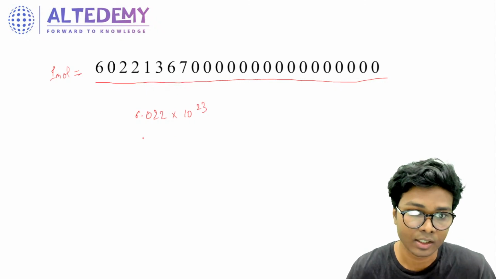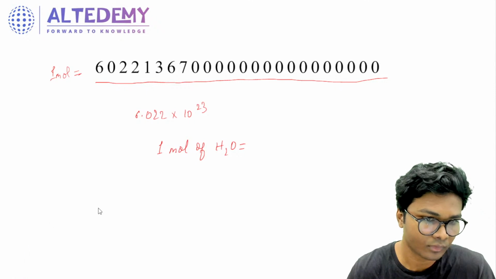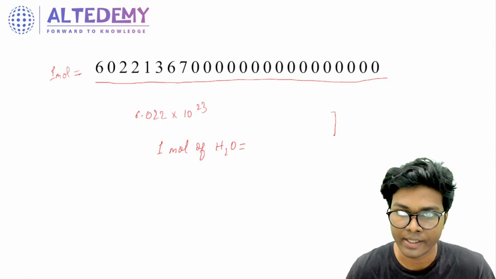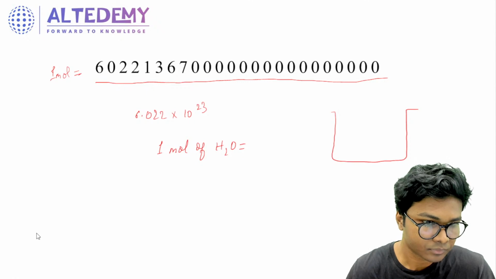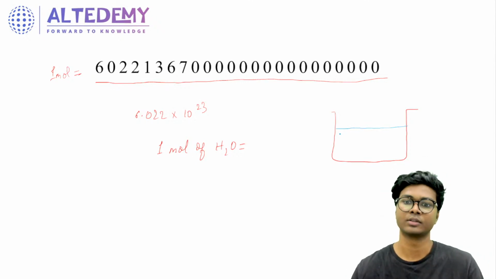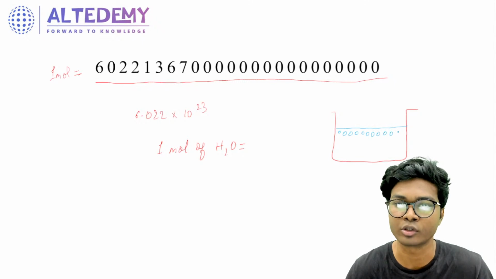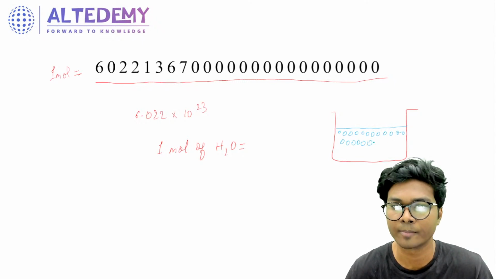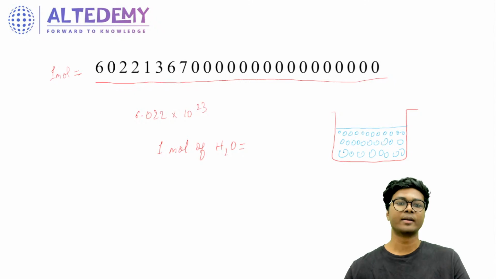Every time we say 1 mole of H2O, that is, if we have 1 mole of water in a jar, that means there are 6.022 times 10 to the power 23 molecules of H2O in this 1 mole of water.